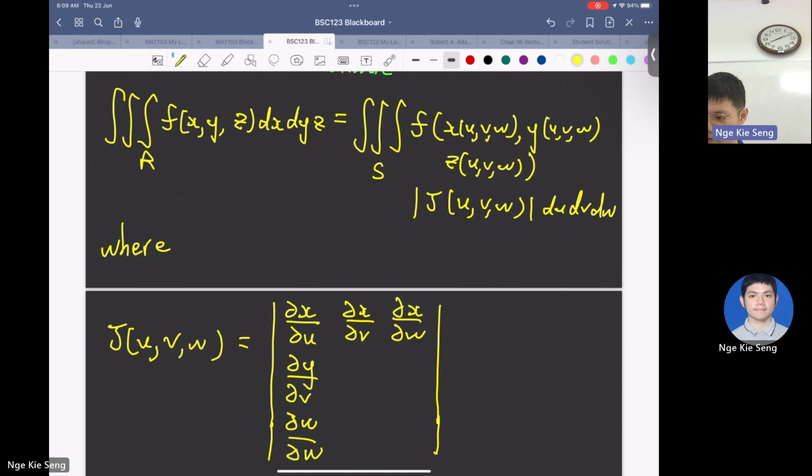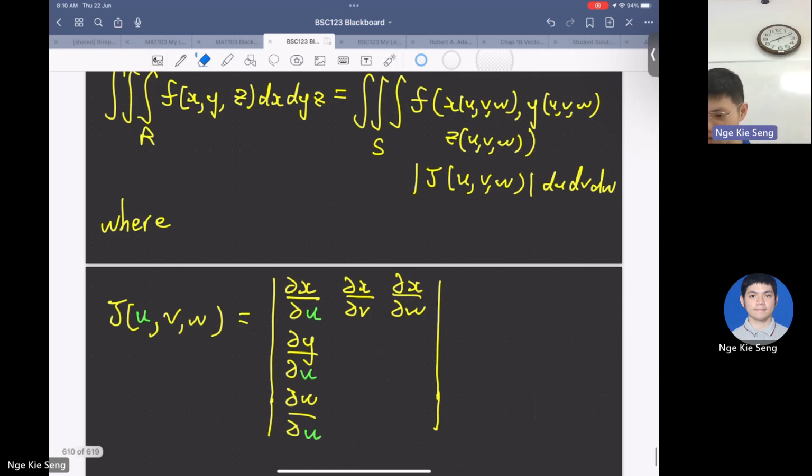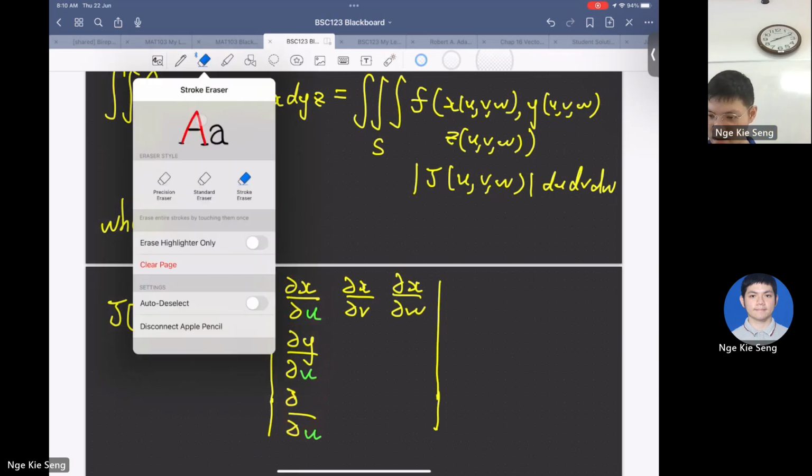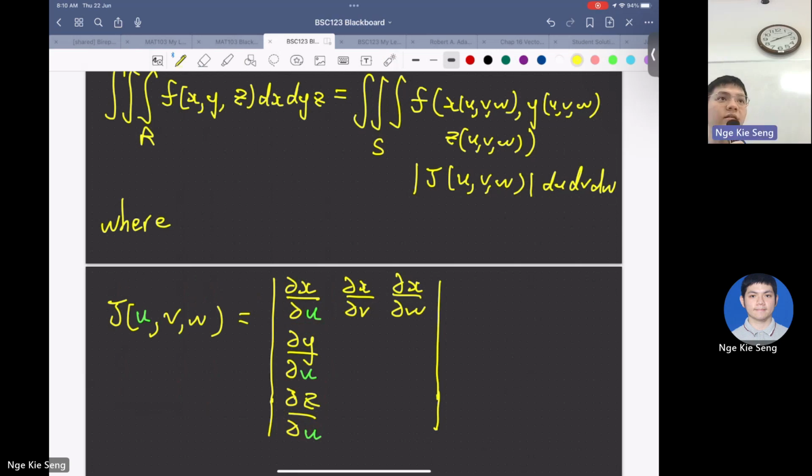Maybe I use some color to differentiate. Here is U, U, U. Let me see. X, X, X, U, U, U. Correct. dx/du, dy/du, dz/du. Here dz/du. Right? Correct.